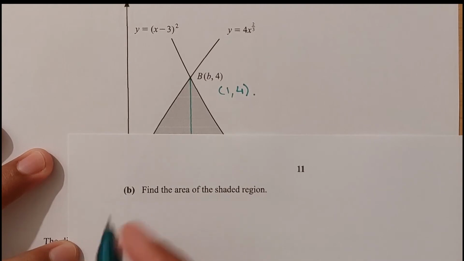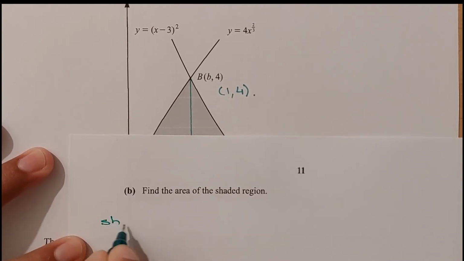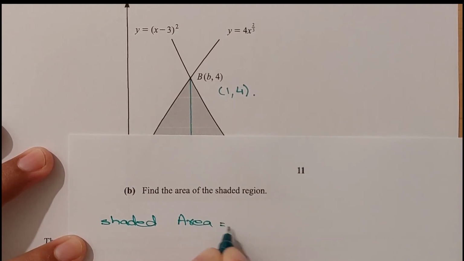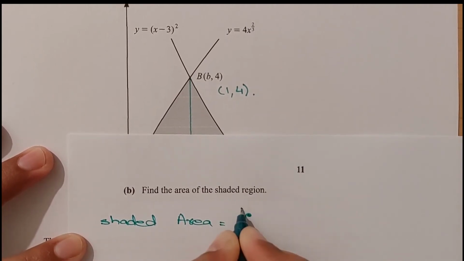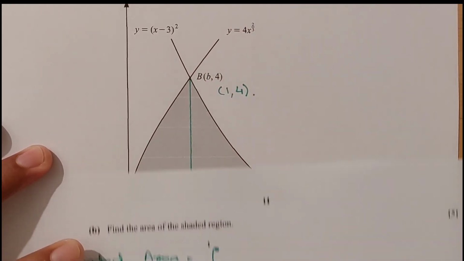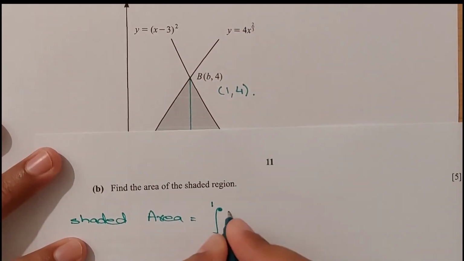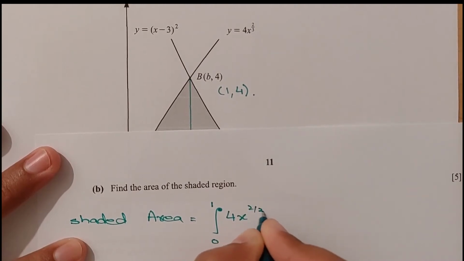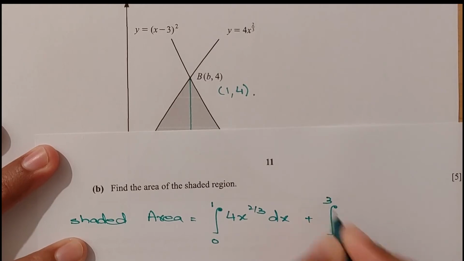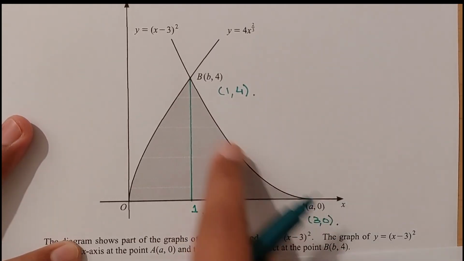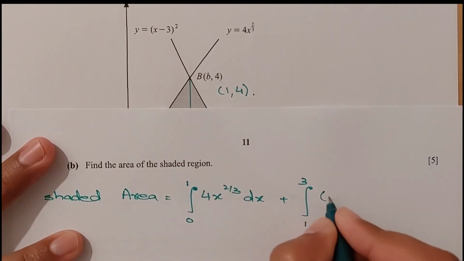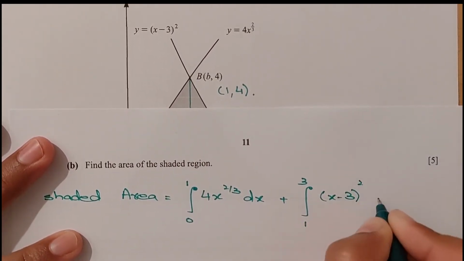So we can say that the shaded area equals the integration between 0 to 1 of this curve, 4x to the exponent 2 by 3 dx, plus the integration between 1 to 3, for the second curve, that is (x minus 3) squared dx.